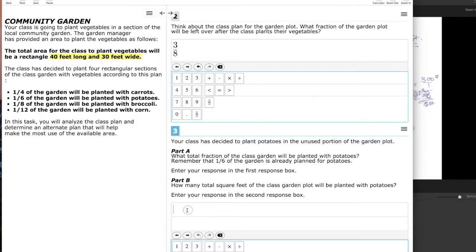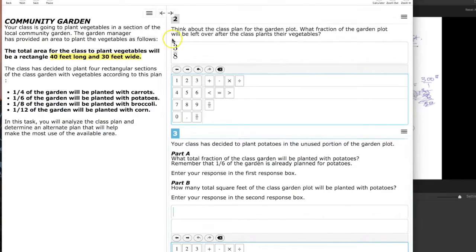So you're going to put the fraction of the garden that'll be potatoes once you add the rest of the unused space. And then how many total square feet of the class garden plot will be planted with potatoes. So remember, we're talking about not just 5 by 5 foot squares, 48 of them, but we're going to multiply and find the whole entire square feet that will have potatoes. So first let's find out the fraction.